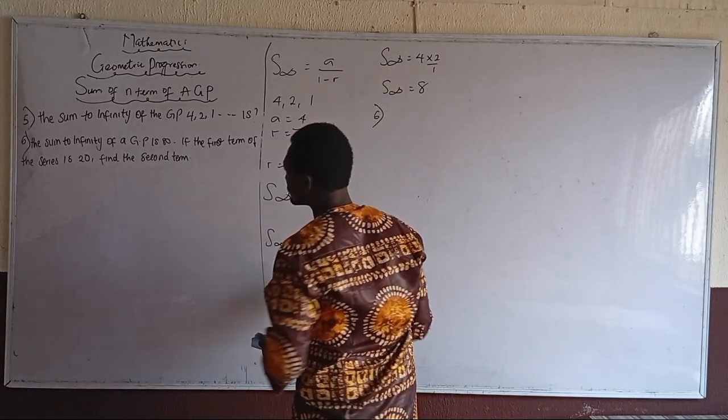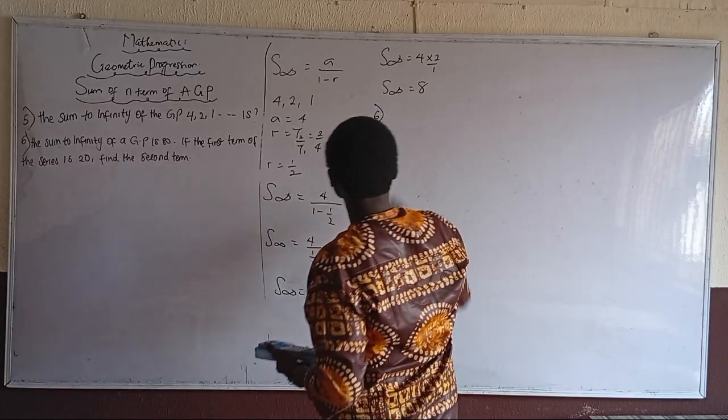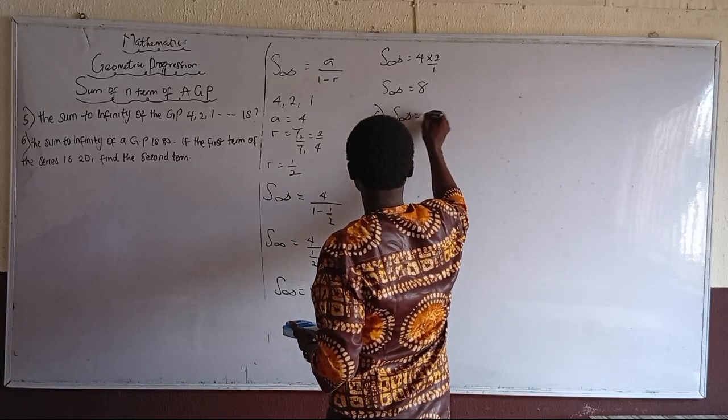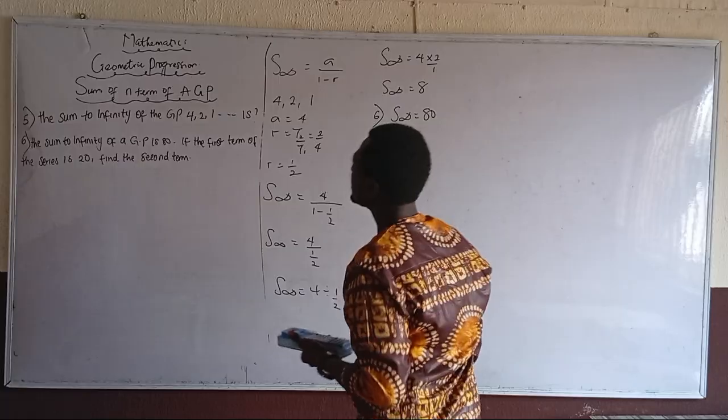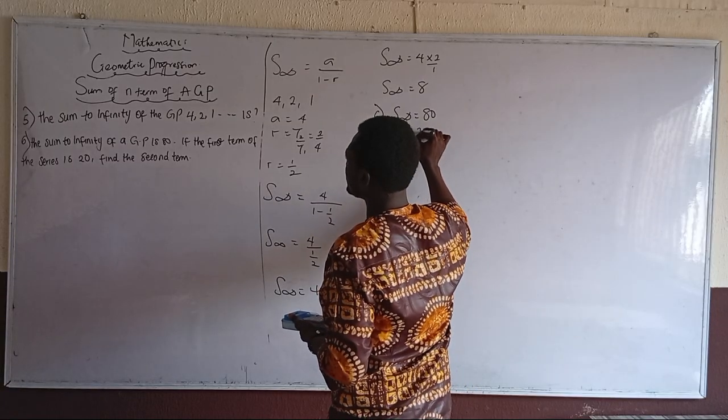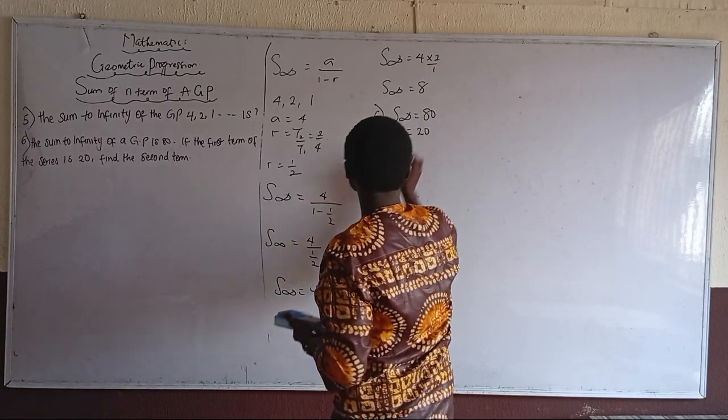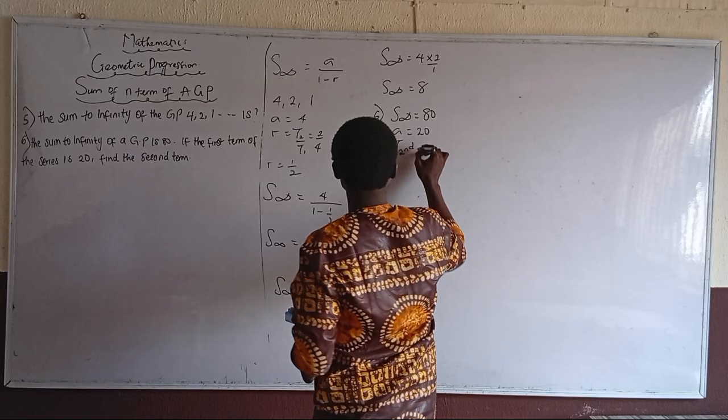Then the last question: the sum to infinity is 80. They said if the first term is 20, find the second term, T2.